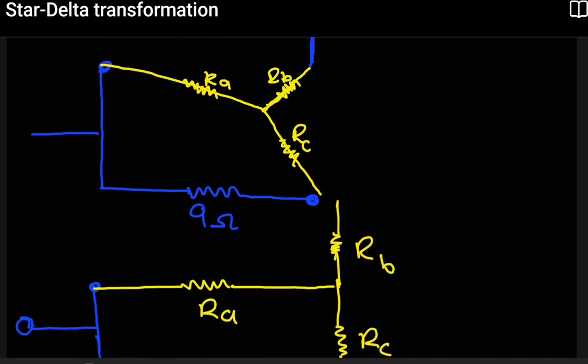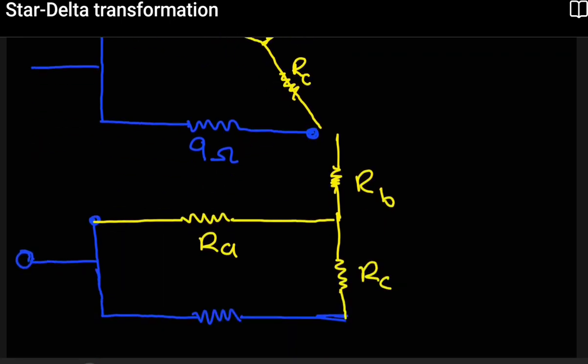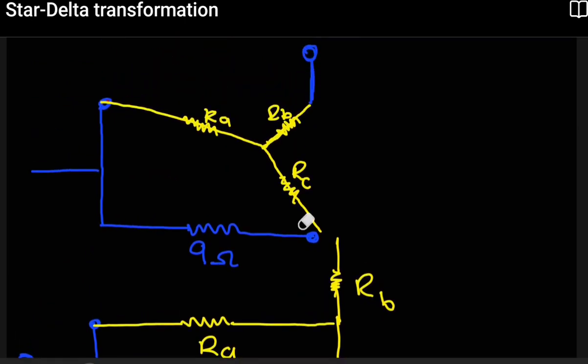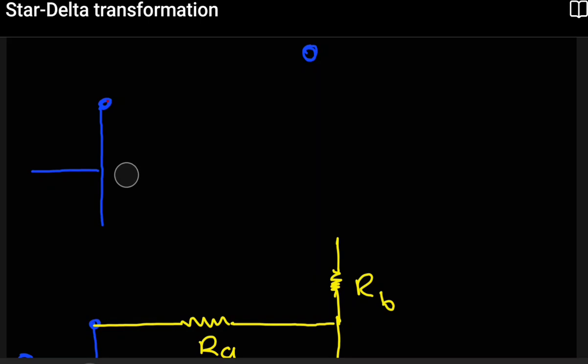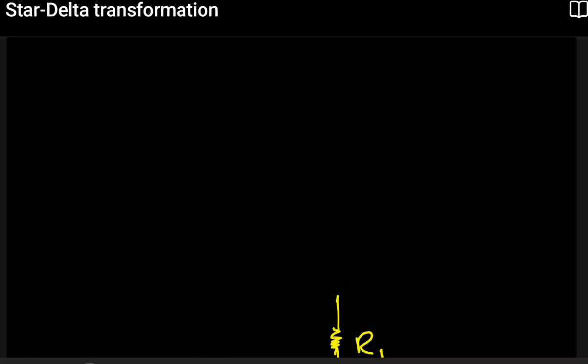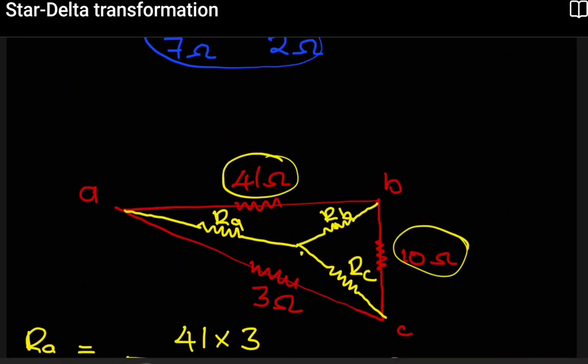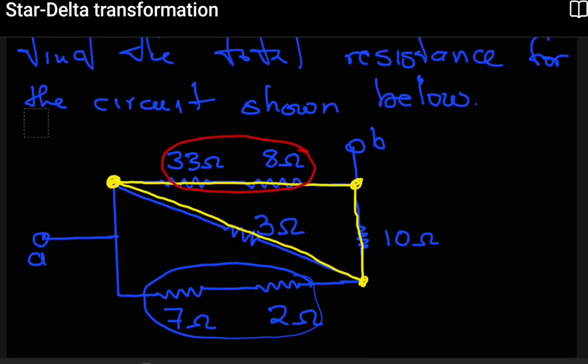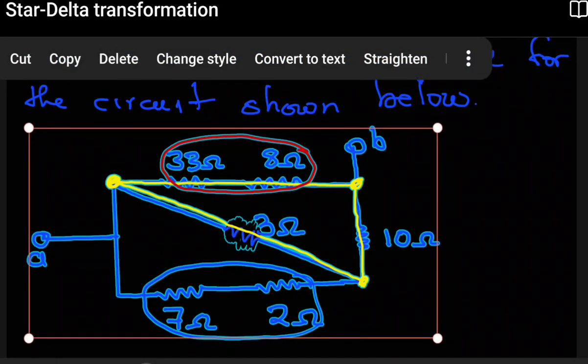Notice that our circuit now looks much better. Look at where we started from. If I was to remove this and show you where we started from, something that looked like this. So we started with this.